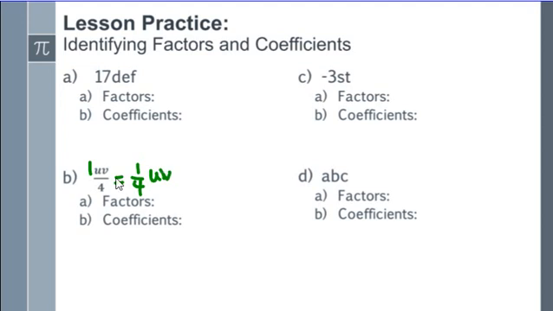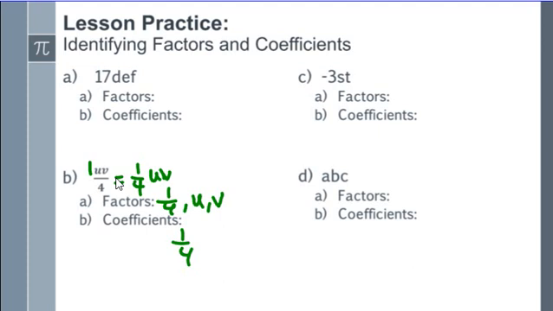So that's what it's really saying. Now it's a lot easier to determine our factors and our coefficients. Our factors, we are multiplying 1/4, U, and V. We have 3 factors there. Our coefficient, my number in front of the variables, I have 1/4.